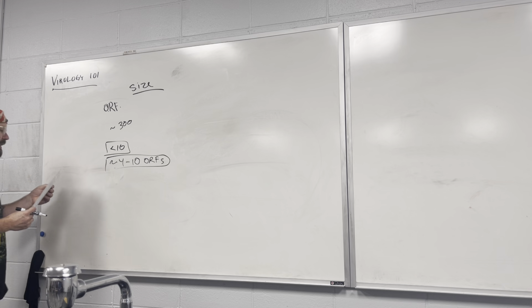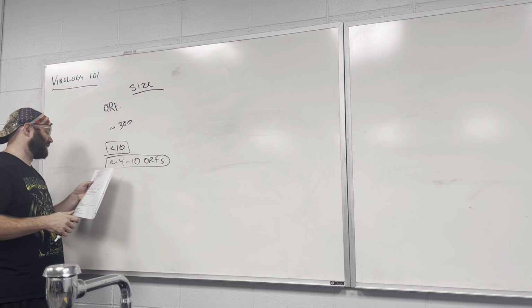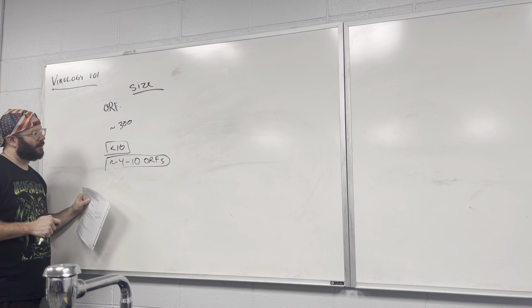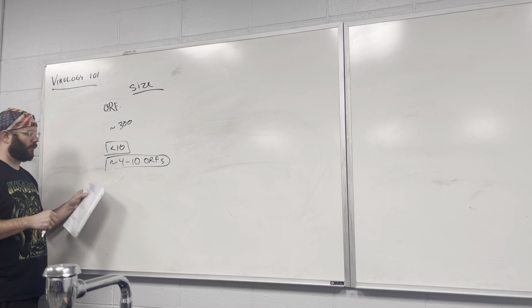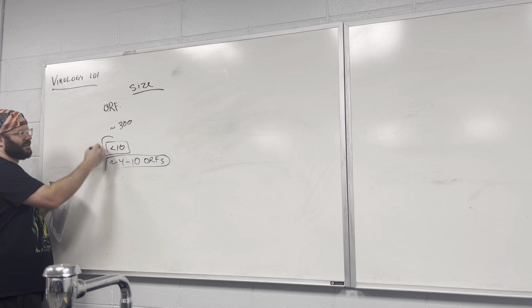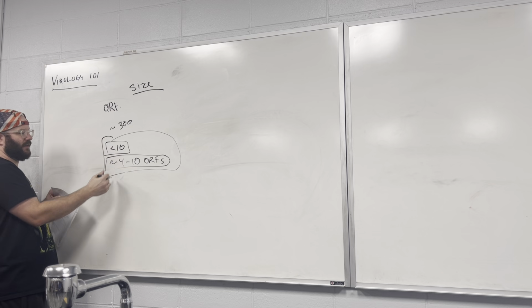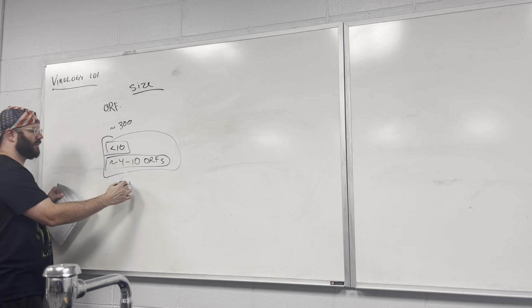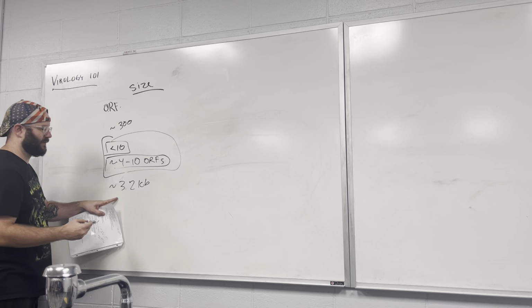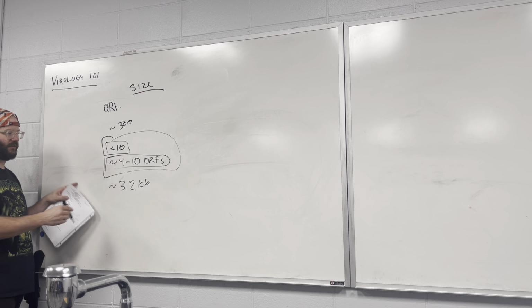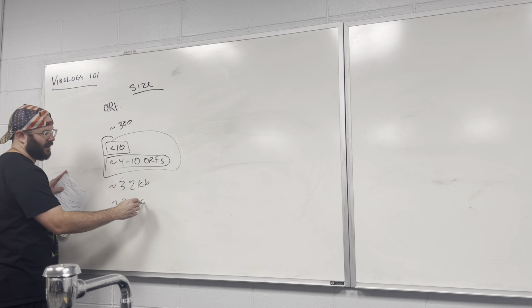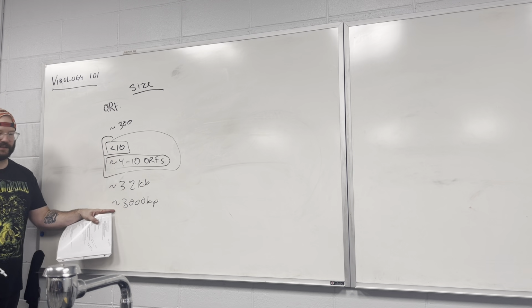What is the most complex virus? Let's think about the size of the genome instead of ORFs. This amount of information can be encoded in about 3.2 kilobases. So one of the smaller viruses is about 3,000 base pairs of nucleic acid sequence.